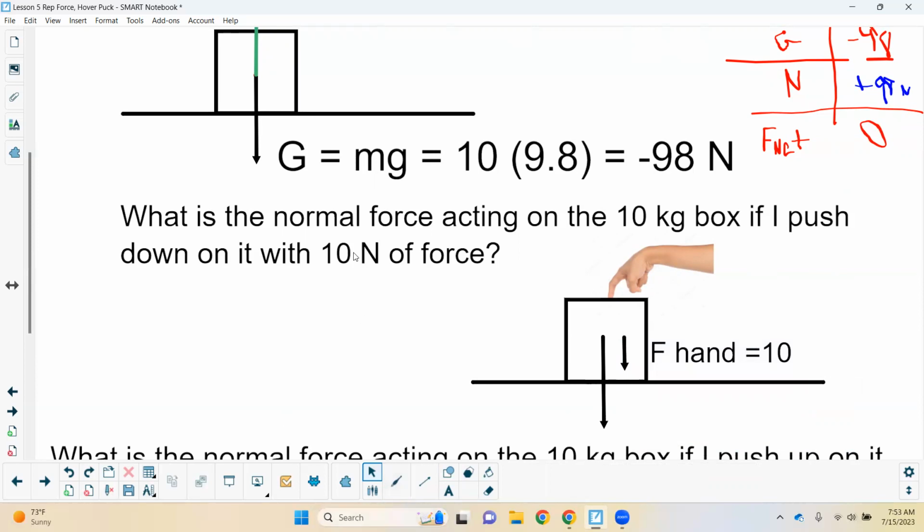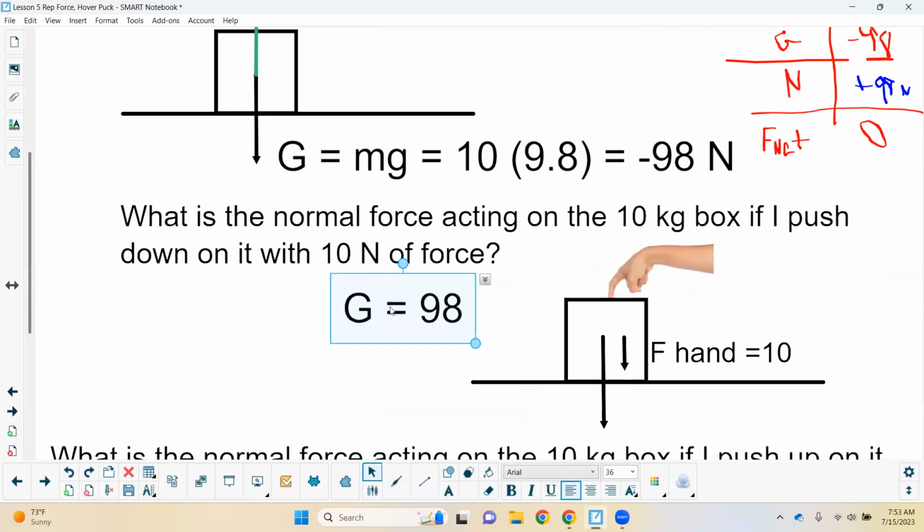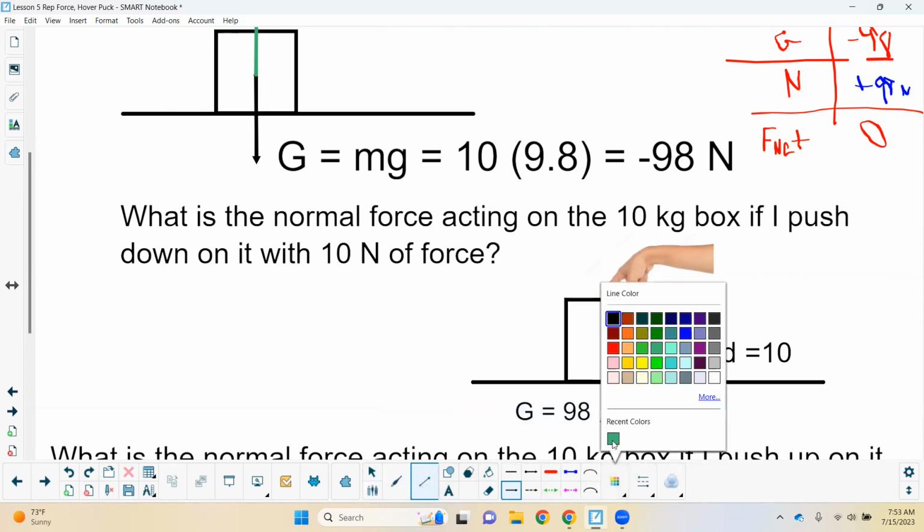And we have the gravity force here, which is still going to be 98. I'm going to leave out the negative going down here in my little arrows. I'll put them in the chart. I'll shrink this a little bit if I can. So I have both of those forces going down, and then the normal force, which is our force that we're going to draw going upward, it has to balance out both of those now.